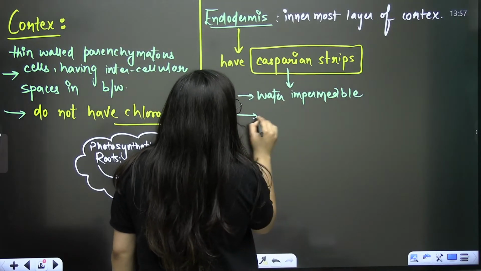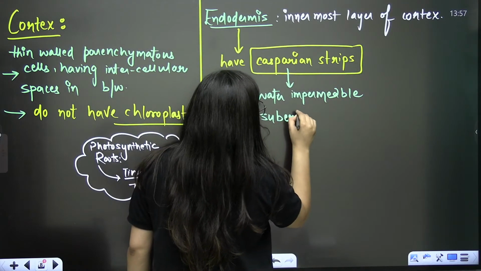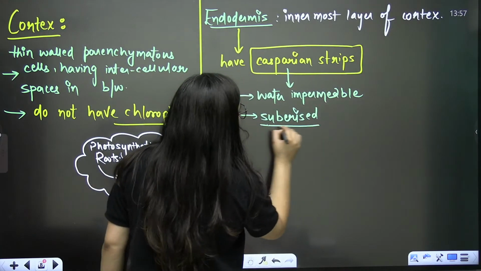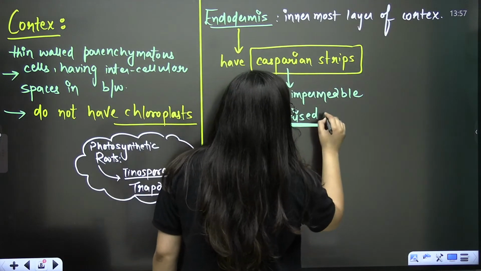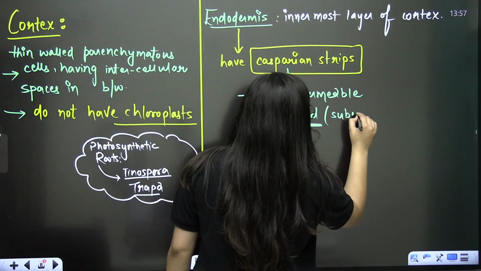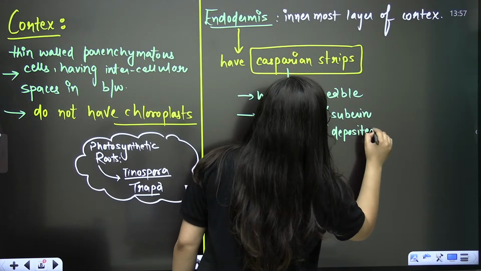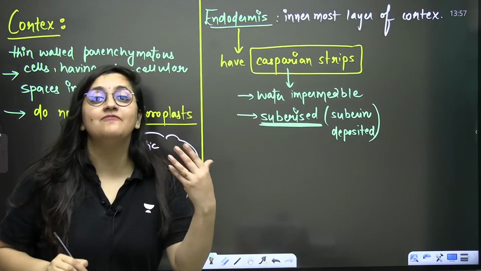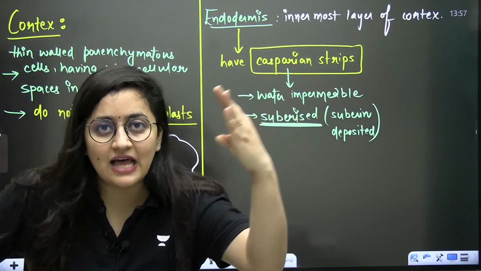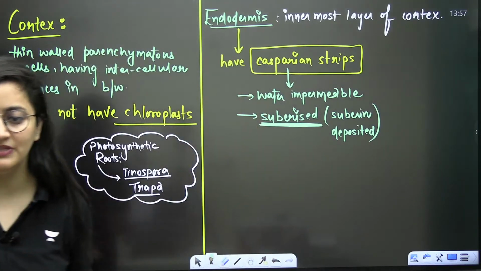Why? Because they are suberized. What is the meaning of being suberized? There is a deposition of suberin. Suberin is water impermeable. It will not allow the water to move through those endodermal cells.